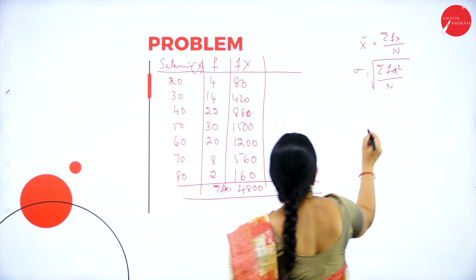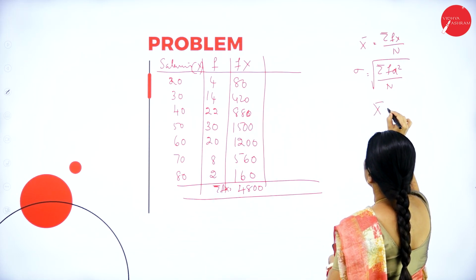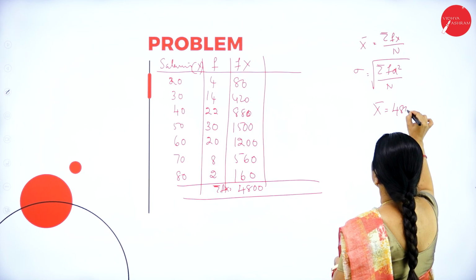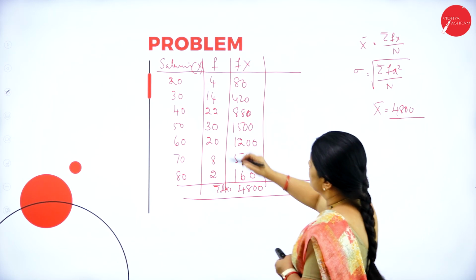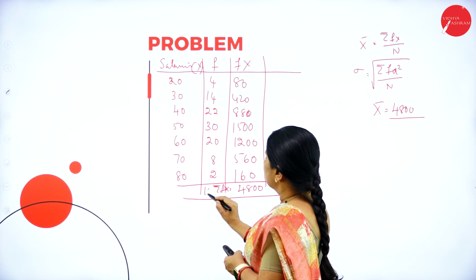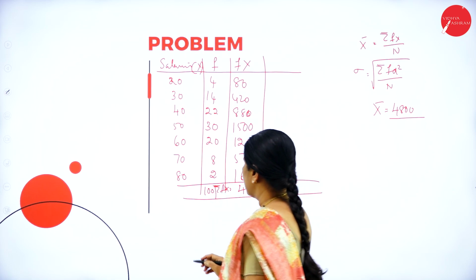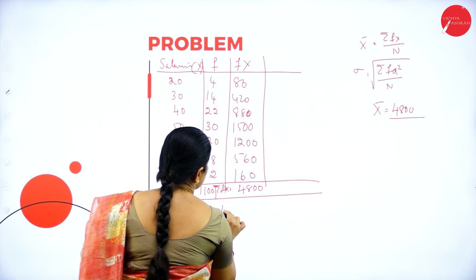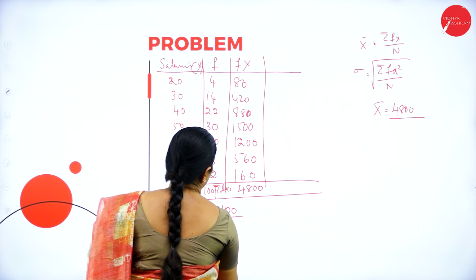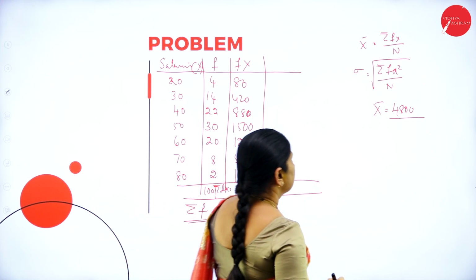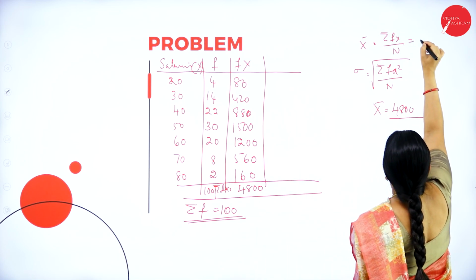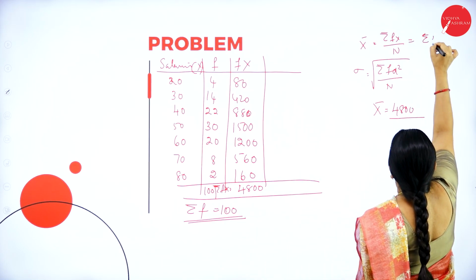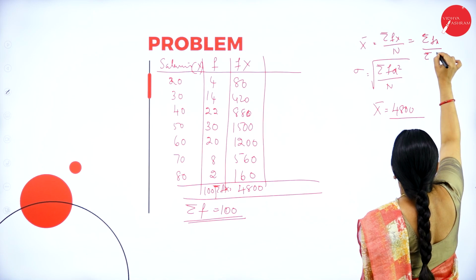Now the mean equals 4800 divided by, when I add all the f values, I get 100. So sigma f equals 100. So the mean is equal to sigma fx divided by sigma f.